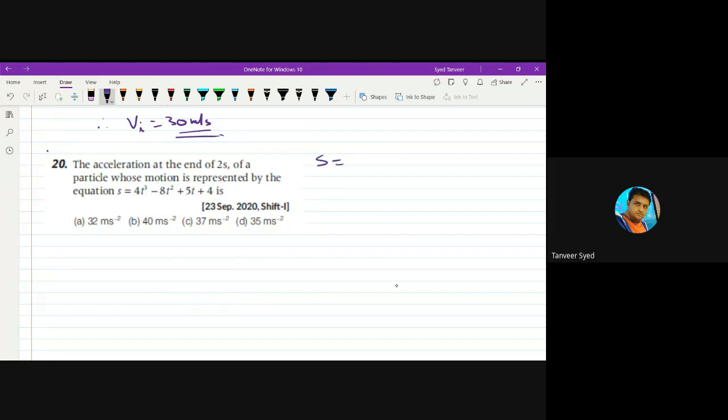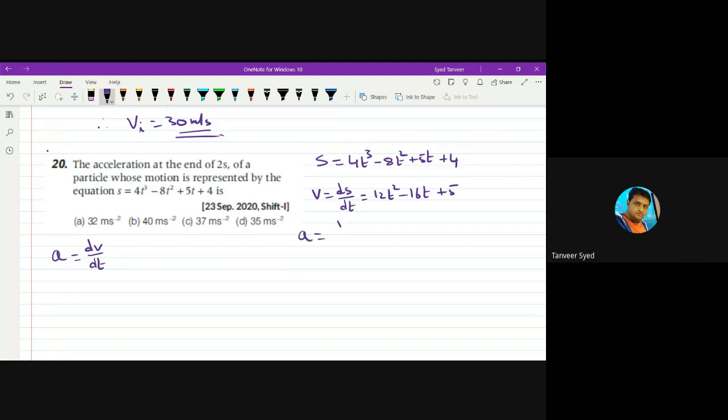Displacement S is equal to 4t cube minus 8t square plus 5t plus 4. Okay, from this we want acceleration at 2 seconds. First of all, you should find velocity from displacement. V equal to ds by dt. Differentiation అందరికీ వచ్చి అందుకు డైరెక్ట్గా రాసేస్తున్నాను. 12t square minus 16t plus 5.